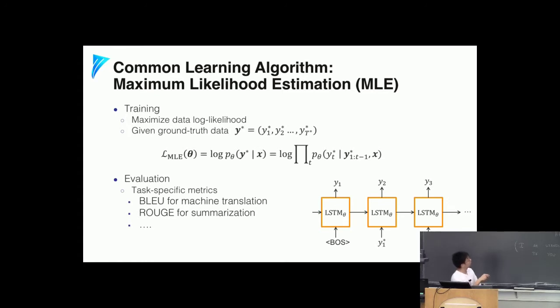Basically, these two metrics evaluate the quality of a sample from a model against a ground truth. We won't dive into the details of these two metrics, but basically we see that these two metrics are different from this data log likelihood.